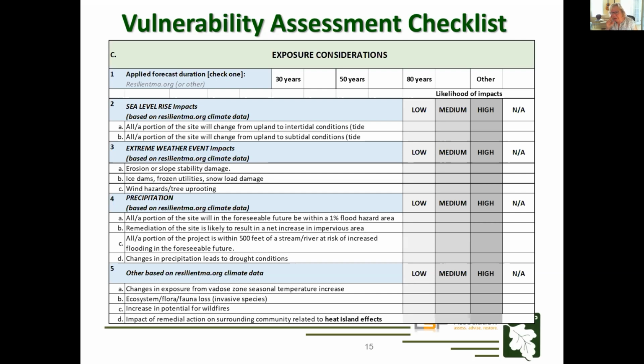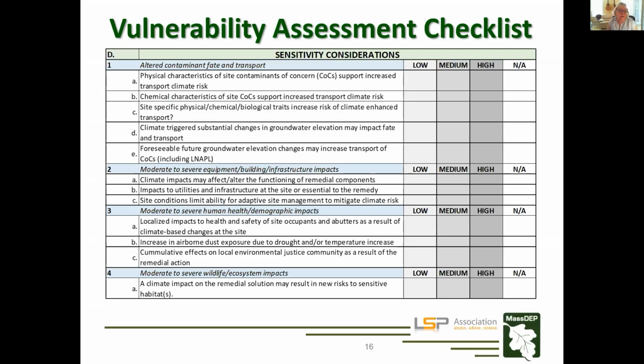So then we have to turn to site sensitivity, and these are the sensitivity considerations. Again, the LSP is to consider things and whether, in terms of likelihood, it's a low, medium, or high likelihood of the sensitivity occurring given the site that you're working on.